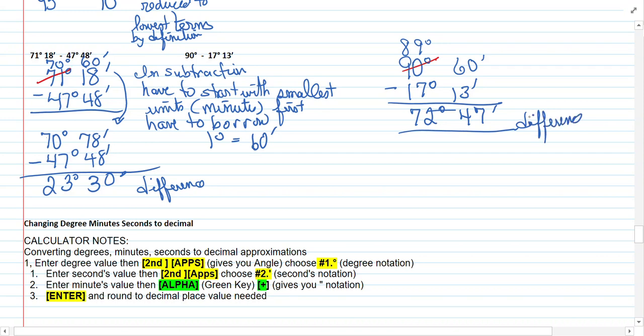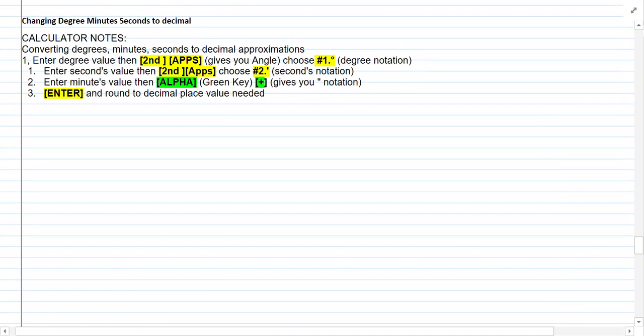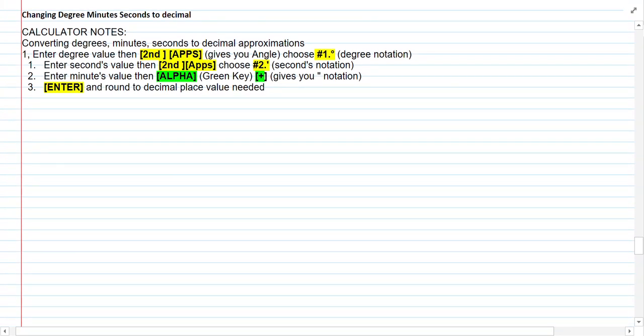All right. Now, this is our first exposure to calculator, okay? And I've typed it out, and I would like you to write these notes to utilize technology.